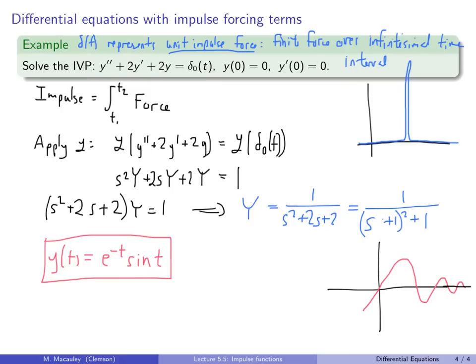This does not match them: y of 0 equals 0, well, that works, but y prime of 0 is not 0. Notice that? So what's the problem here?